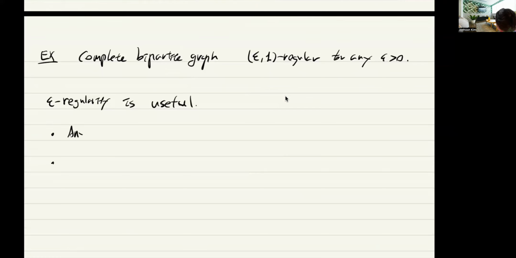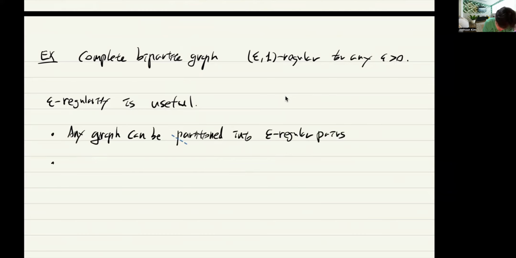So one is any graph can be decomposed or partitioned, let me write, partitioned into epsilon regular pairs. Let me write almost decomposed, almost partitioned.